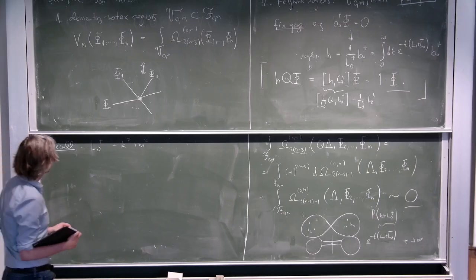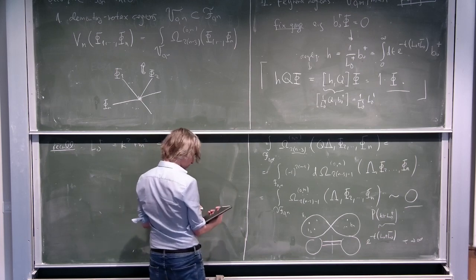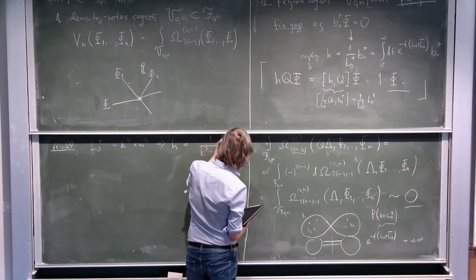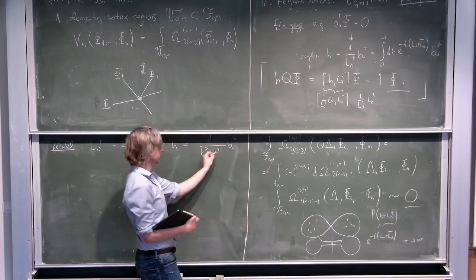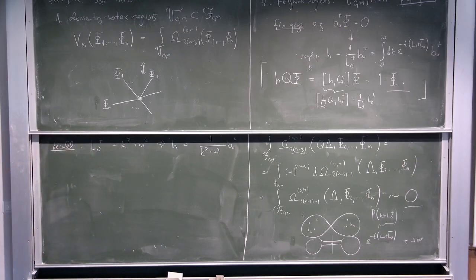That means that for such backgrounds, we can rewrite the propagator as 1 over k squared plus m squared times b0 plus. So up to this b0 plus, this is precisely what we would have expected from a propagator in a field theory.